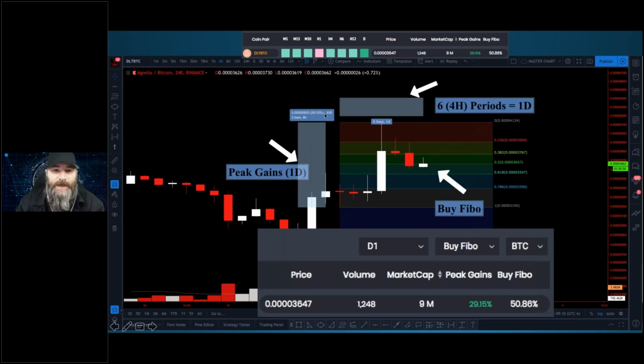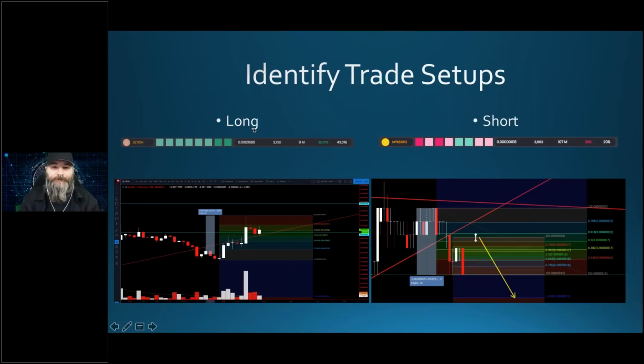And I said, all right, my peak gain is showing 29%. That's peak gain, up here. So this was the fib that was drawn live, as price action is happening, and the pullback is currently right here at the 50. So you have to adjust to the time frame that you're looking in, and then the candles that you're going to represent what's happening.